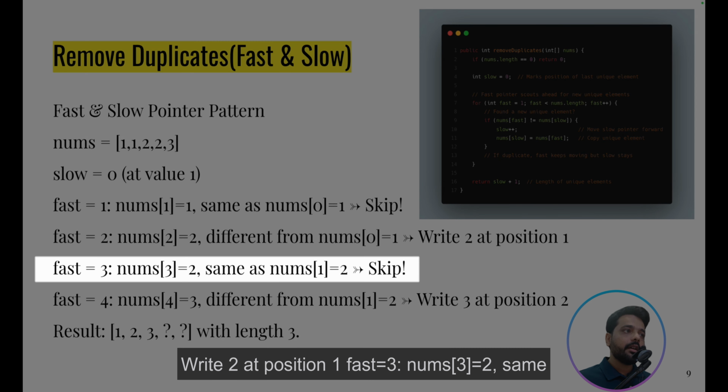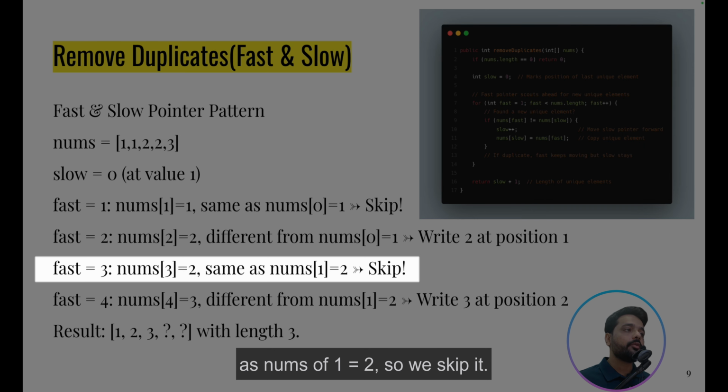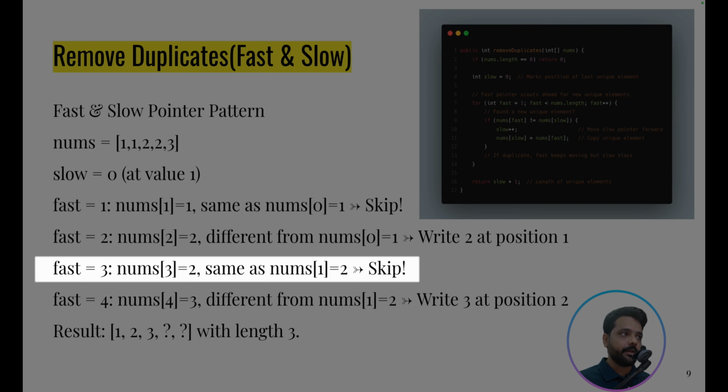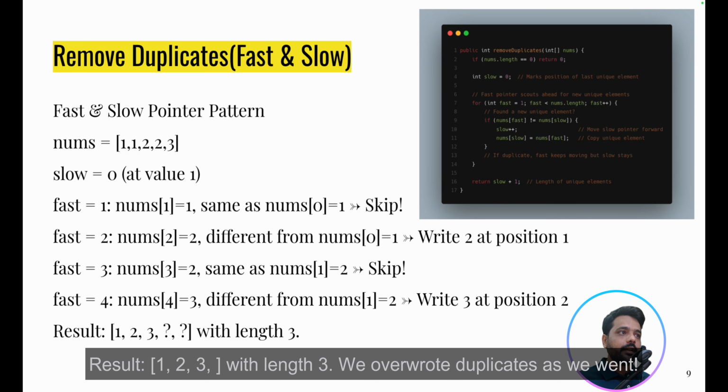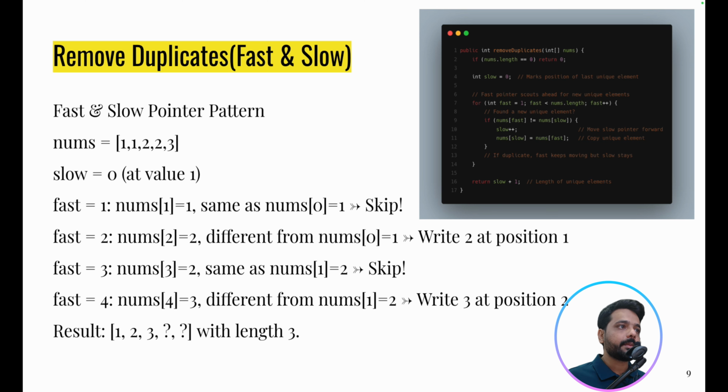Fast equals 3, which is nums of 3 equals 2, same as nums of 1 equals 2. So we skip it. Fast equals 4, nums of 4 equals 3, different from nums of 1 equals 2. So we write 3 at position 2. The result is 1, 2, 3 with length 3. We overwrote duplicates as we went.